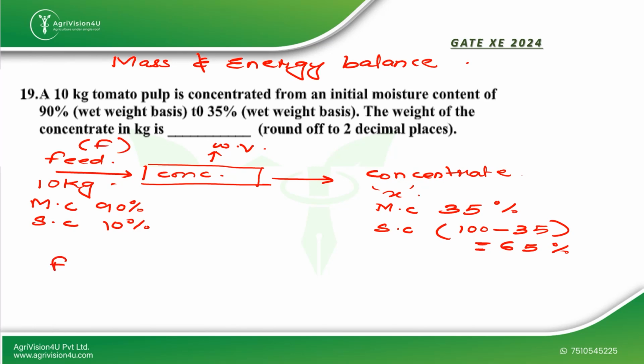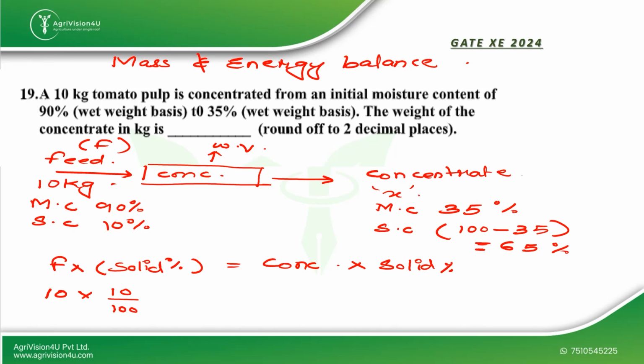So the feed into its solid percent will give me the concentrate into its solid percent. How much is the feed? 10 kg. Solid content in percent is 10 by 100, which equals the concentrate, which we have to calculate, into its solid percent, which is 65 by 100.